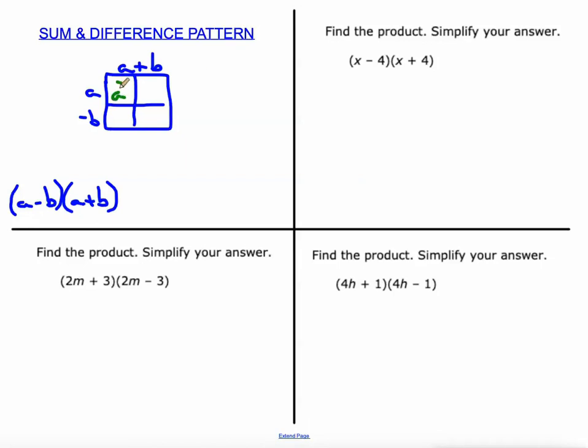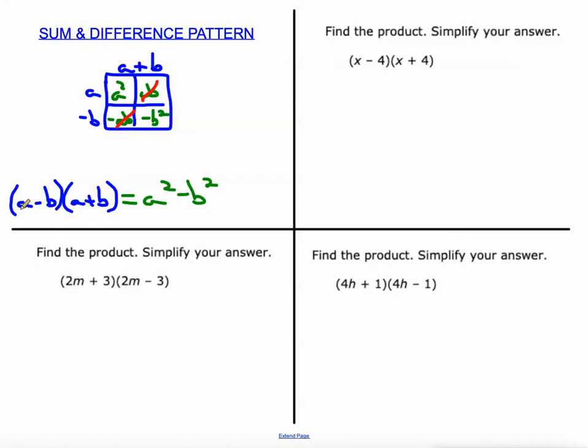So a squared, ab, negative ab, and negative b squared. Here's the key thing too, is that ab minus ab is nothing. So those just cancel out. And what are we left with? We are left with a squared minus b squared.